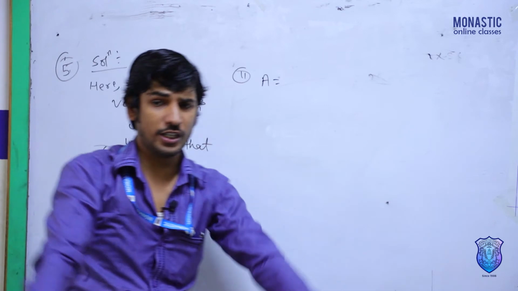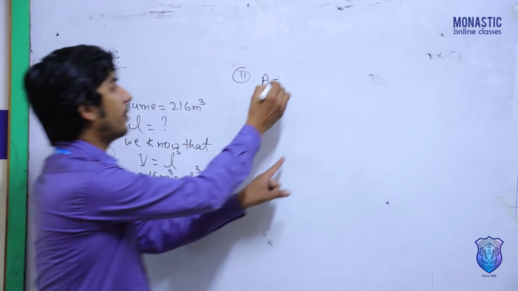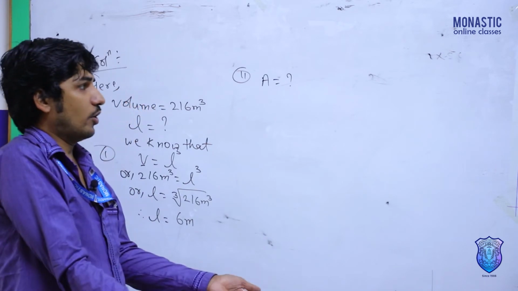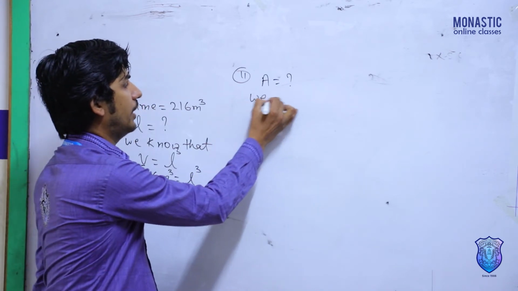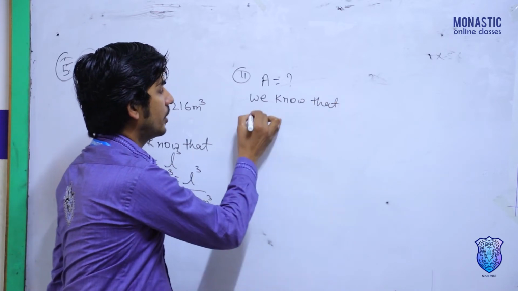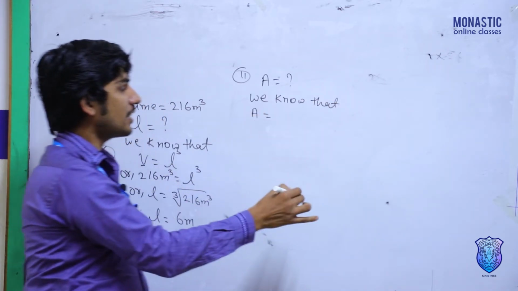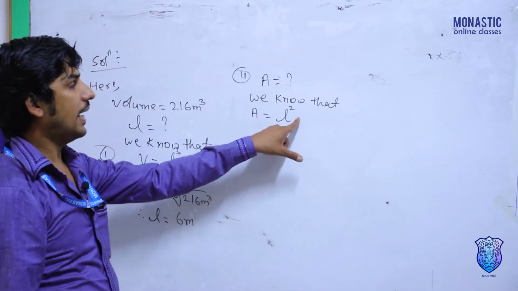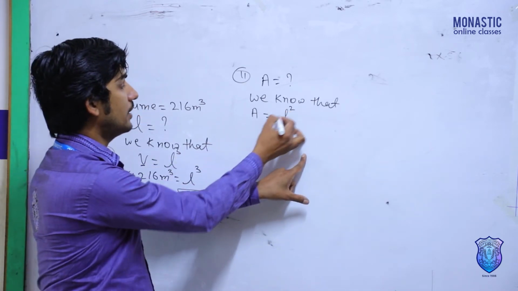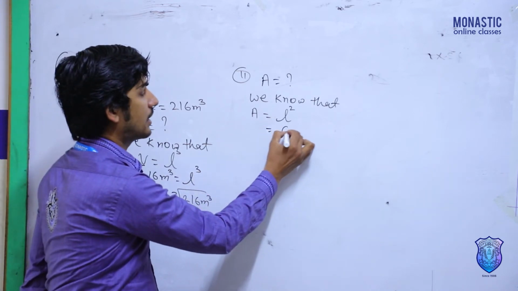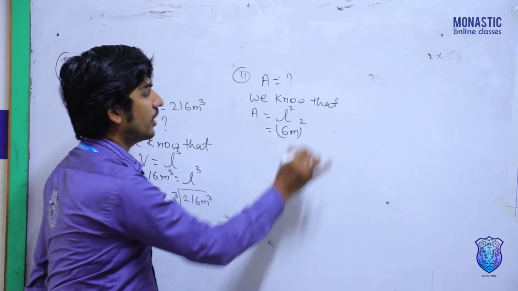If this is the floor, simply you can say we know that area of floor is equal to L square. And the length is how much? The 6 meter. Take 6 meter whole square.